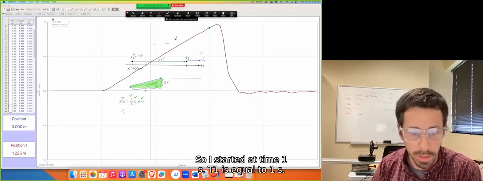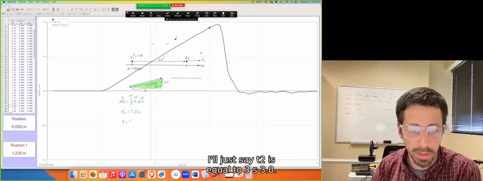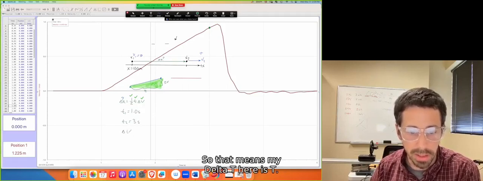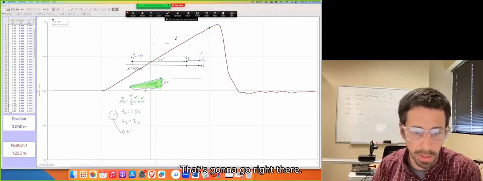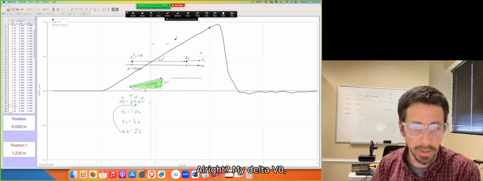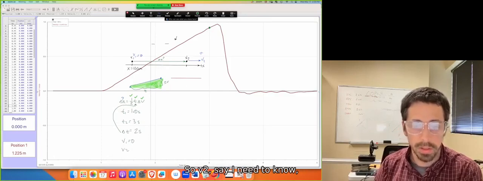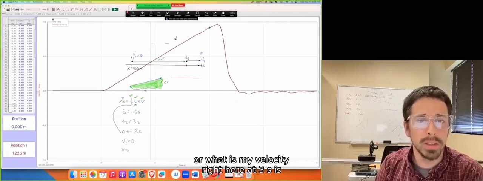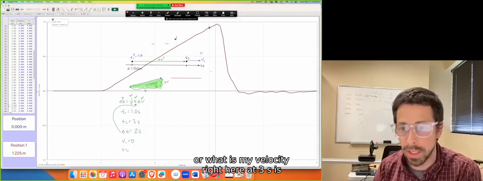All right, so t1 is equal to 1 second. I'll just say t2 is equal to 3 seconds, 3.0. So that means my delta t is 2 seconds. All right, my delta v, right, v1 is equal to 0. So v2, I need to know, well, what is my velocity right here at 3 seconds?